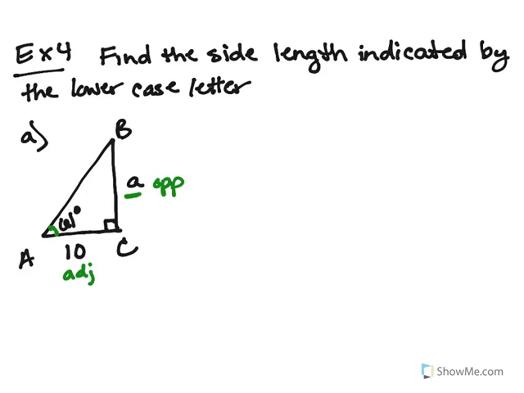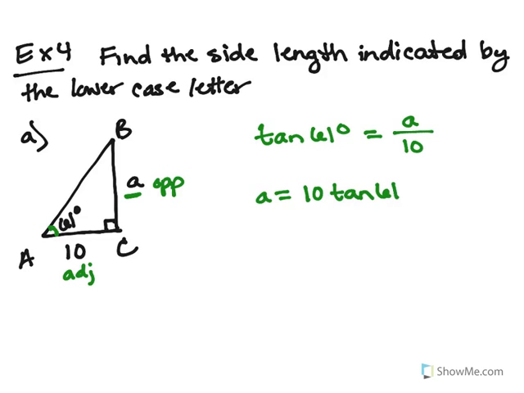Which one has opposite and adjacent together? Tangent does. It comes from the TOA part, right? So what we can say is tangent of 61 degrees equals the missing side length over 10. If I want to solve for A, I'm going to multiply both sides by 10. I get A equals 10 times tangent of 61 degrees.